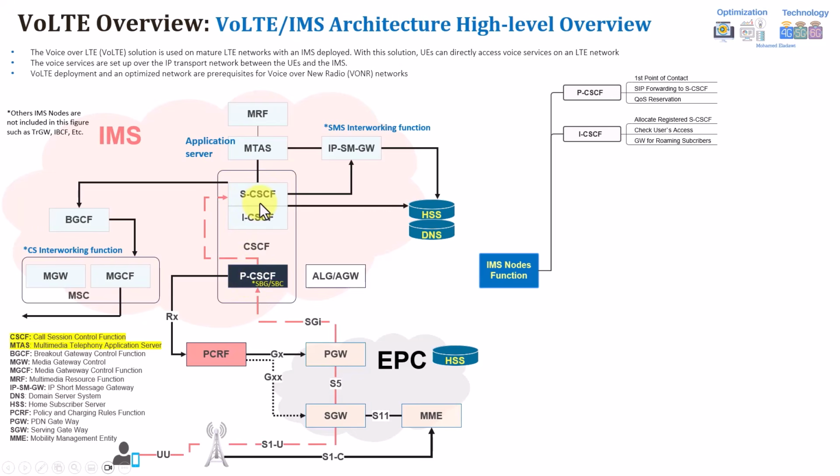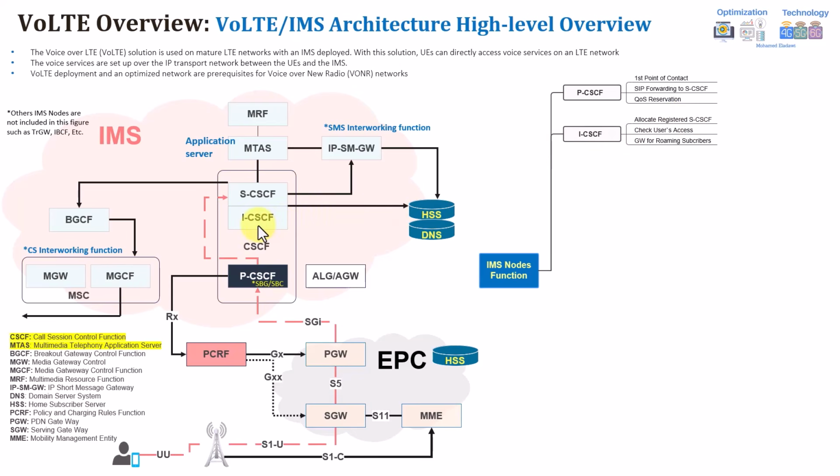How is this done? The I-CSCF will usually check with the HSS, the home subscriber server, to check the user database and find this user's information, to know, for example, which CSCF this particular user is registered to. Assume that you have 4 S-CSCFs in the network; it will understand from the HSS that the user is registered to 1 or 2 or 3. This is what is meant by allocating the registered S-CSCF.